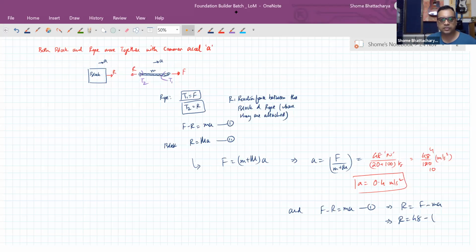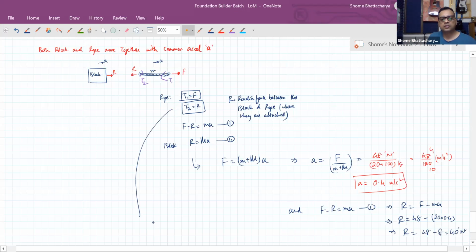Yeah, so reactionary force, external force was 48, and mass of this was 20 kg into 0.4. So you can see the reactionary force is 48 minus 8, or 40 newtons. So now from the above equation we can see that tension at this end is equal to 48 newtons.